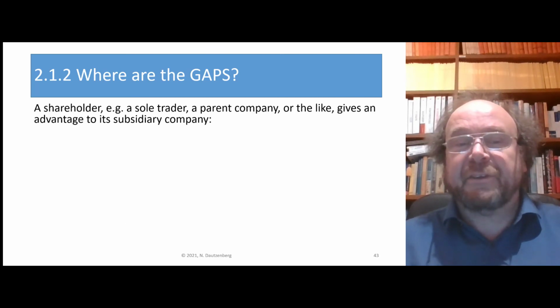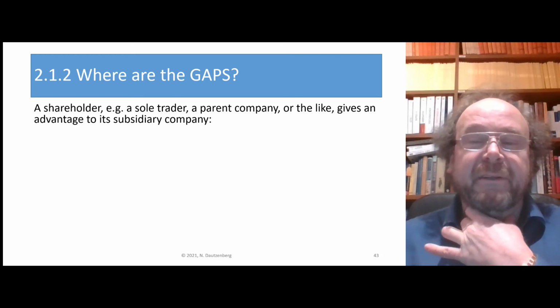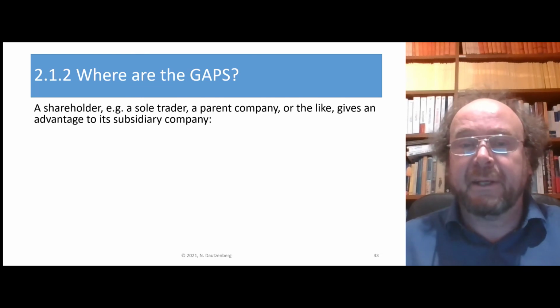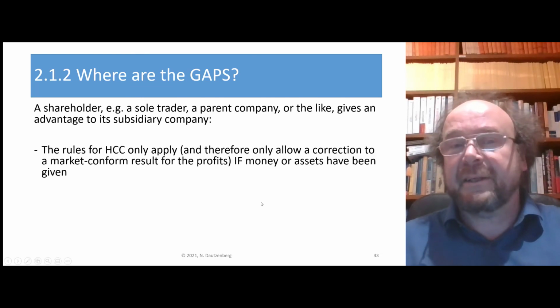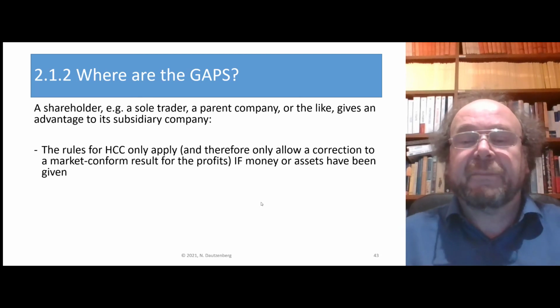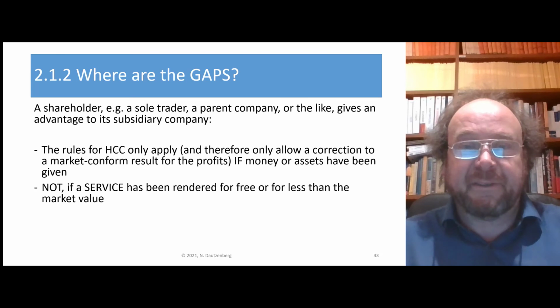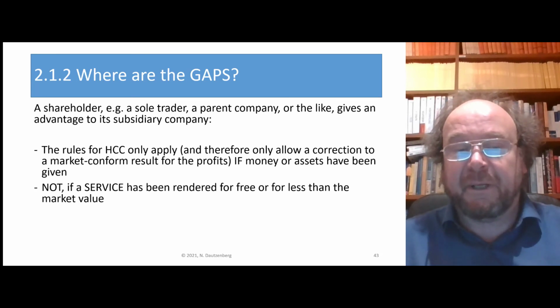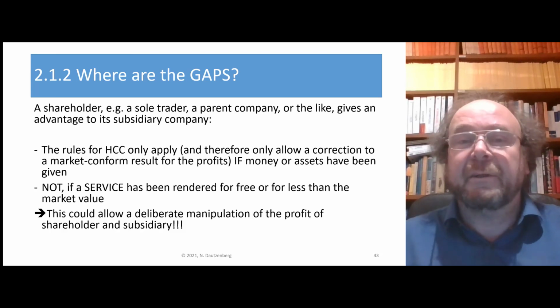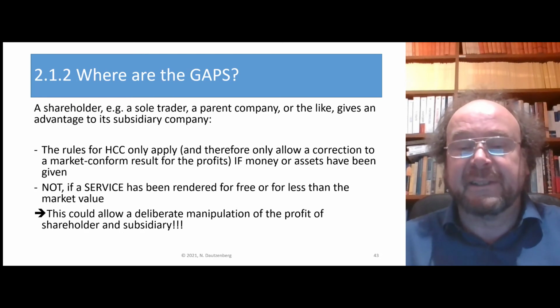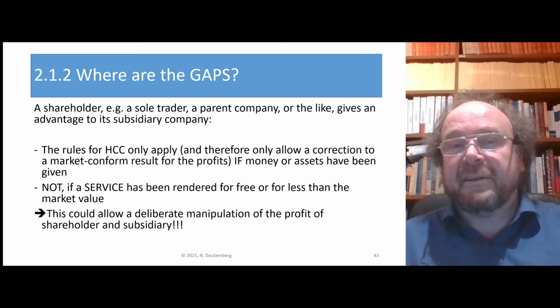When, on the other hand, a shareholder, let's say a sole trader, parent company, or something else, gives an advantage to a subsidiary, then it's only a hidden capital contribution which allows an adjustment. If money or assets have been given, if a service has been rendered for free or for less than the market value, then you have no possibility to correct the transaction and the result under the normal rules.